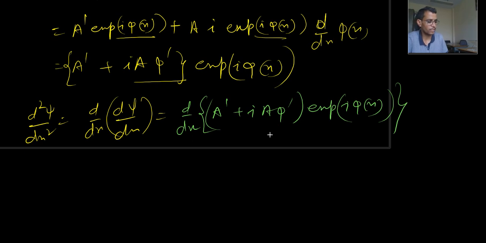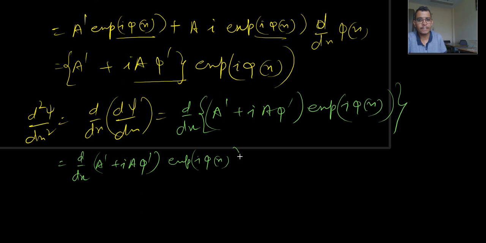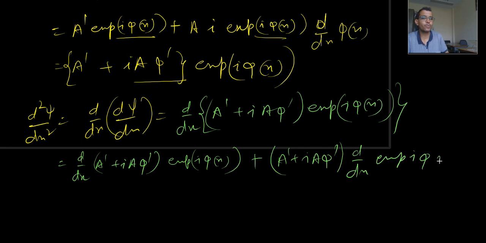So it is a first function and it's a second function. First of all, I will take the derivative of the first function, and the second will remain as it is, plus the first will remain as it is, and the derivative of exponential of iota phi x, right?